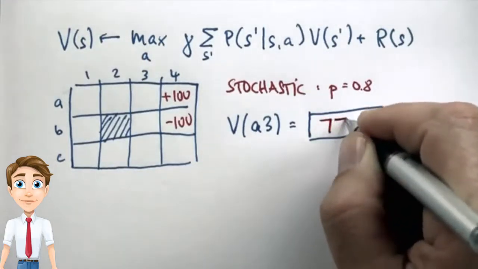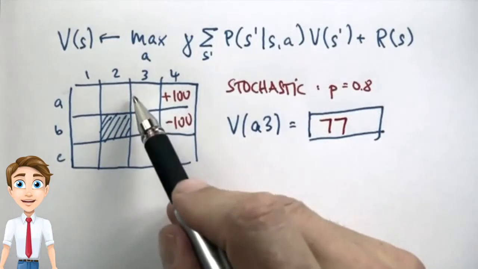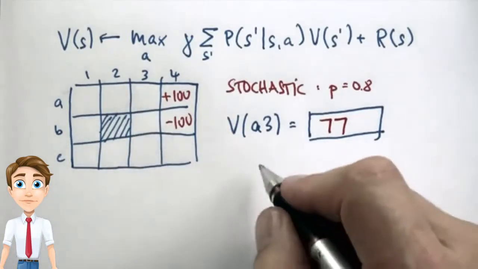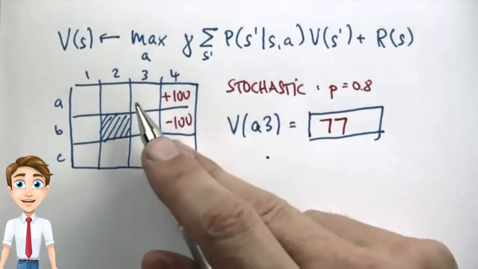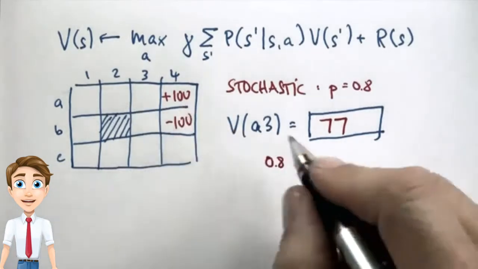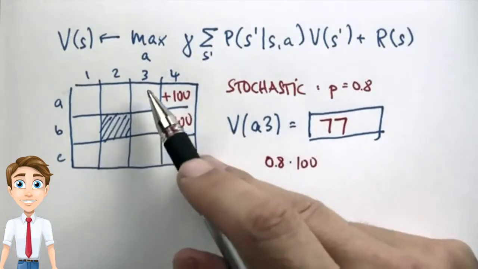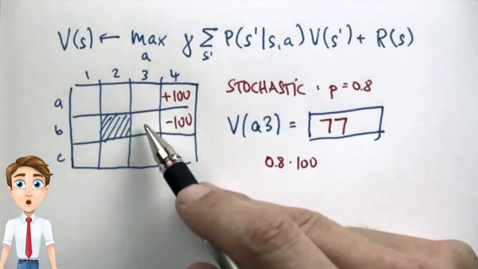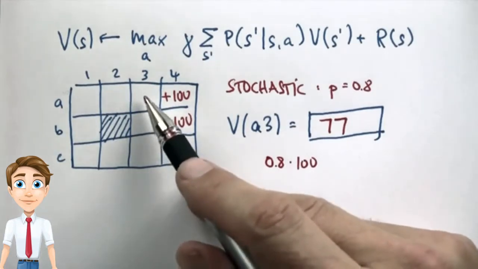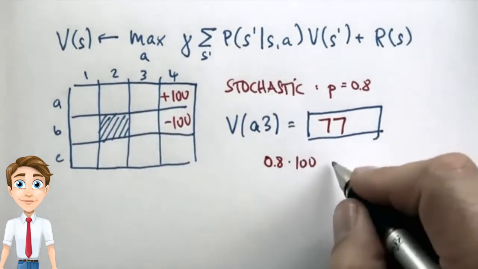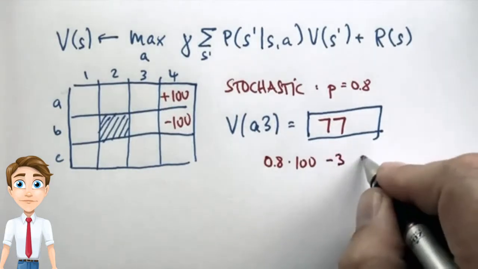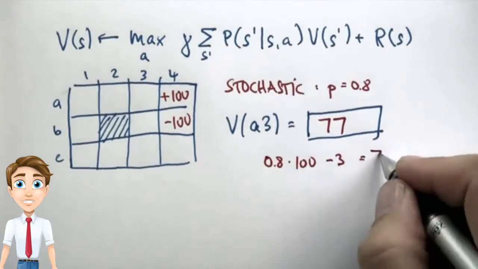It's 77. The reason is in A3 we have an 80% chance for the action go east to reach 100. With the remaining 20%, we either stay in place or go to the field down here, both of which have initial value of 0, so it gives us 0, but we have to subtract the cost of 3, and it gives us 80 minus 3 equals 77.